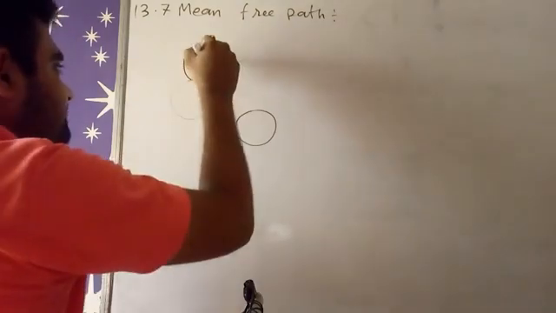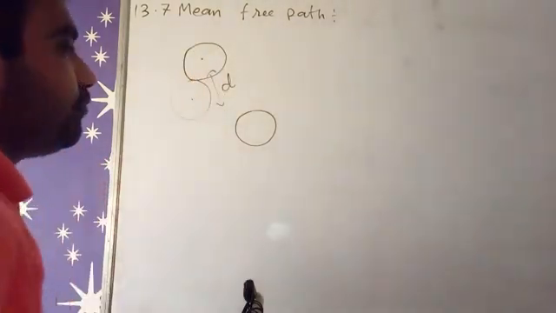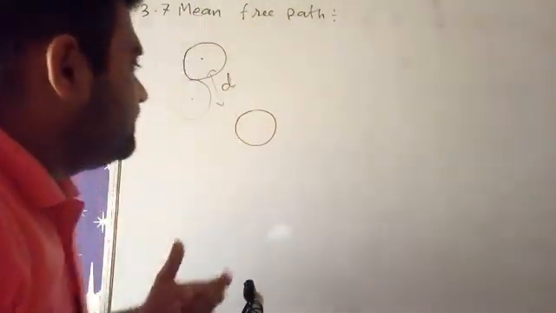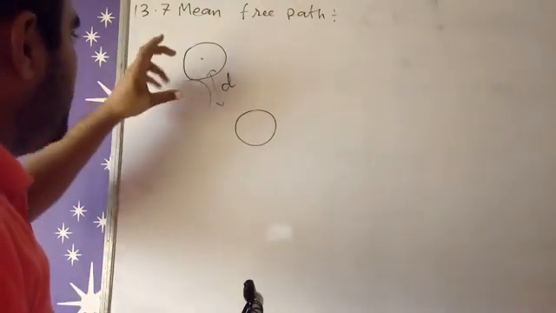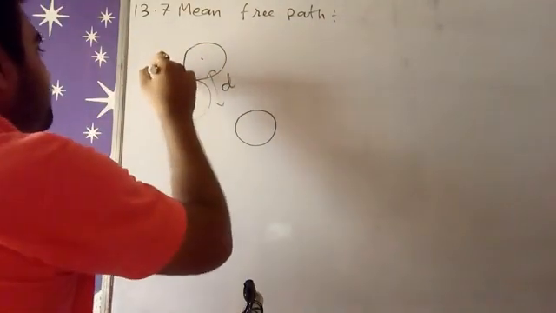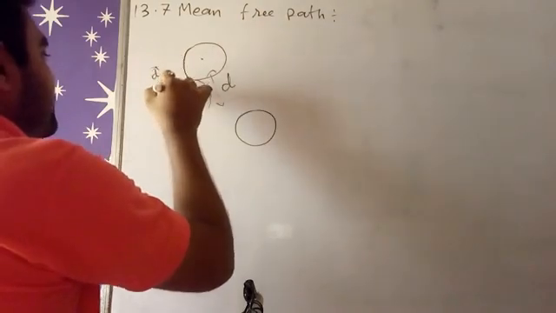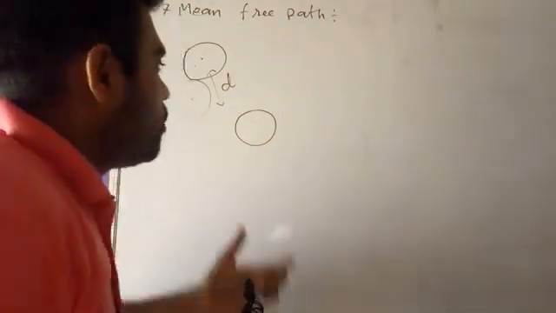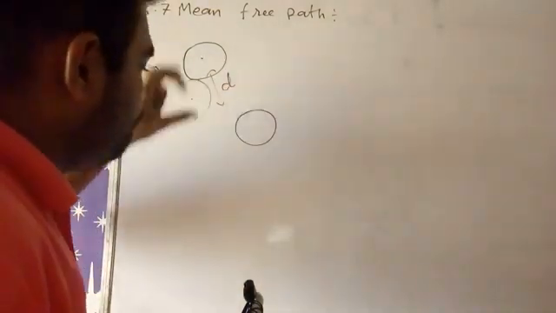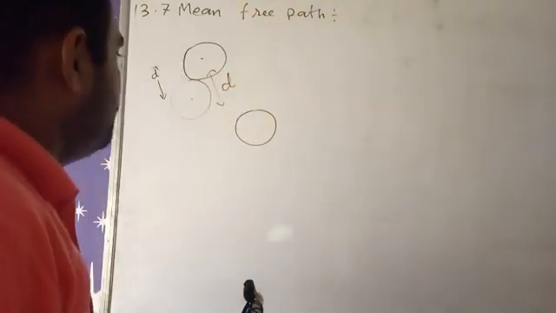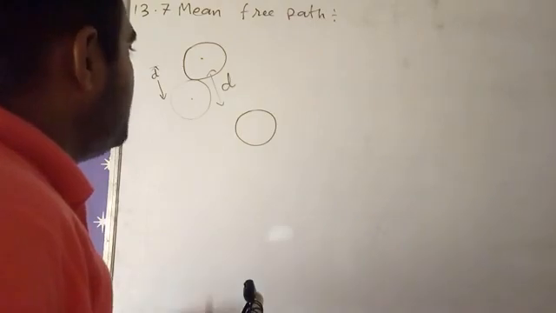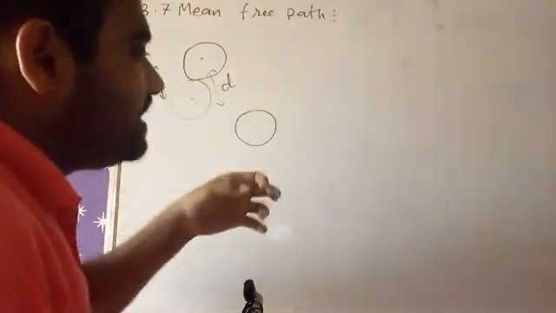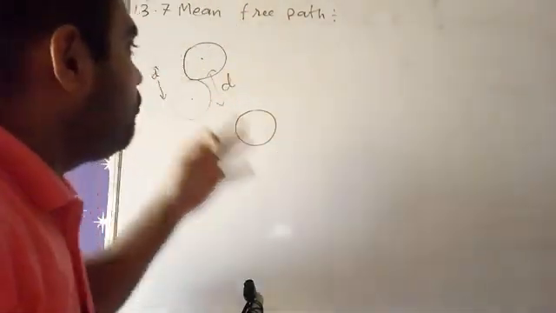So this is the distance we have to maintain to avoid collision. If the distance between their centers is less than that, then a collision occurs between the two atoms, right? So here d is the diameter, and d is the minimum distance to avoid collision.